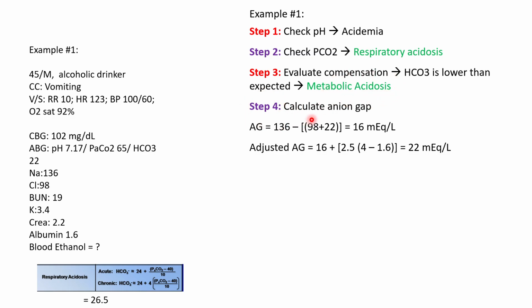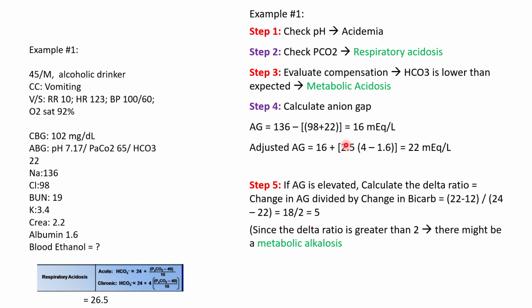Since you must only have 26.5, but your bicarb is lower than expected, maybe you might also have metabolic acidosis. So you have now two primary disorders, respiratory acidosis and metabolic acidosis. So it is mixed. Since you have metabolic acidosis, you proceed to calculate the anion gap. Okay, but if this is respiratory acidosis only, there is no more step 4. Okay, the anion gap is elevated and the albumin is low, so you use the adjusted anion gap formula.